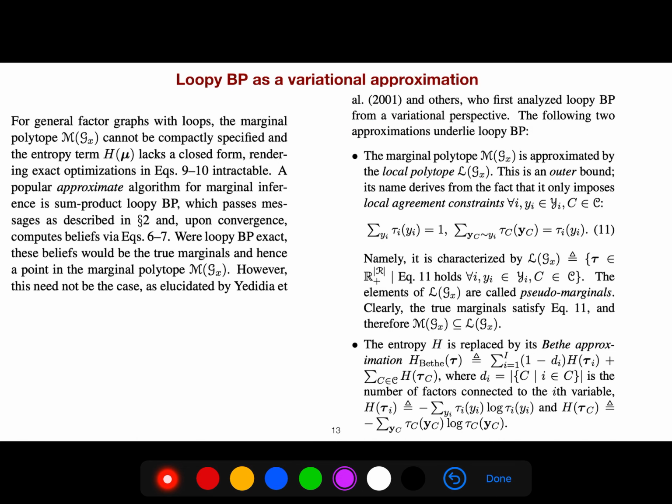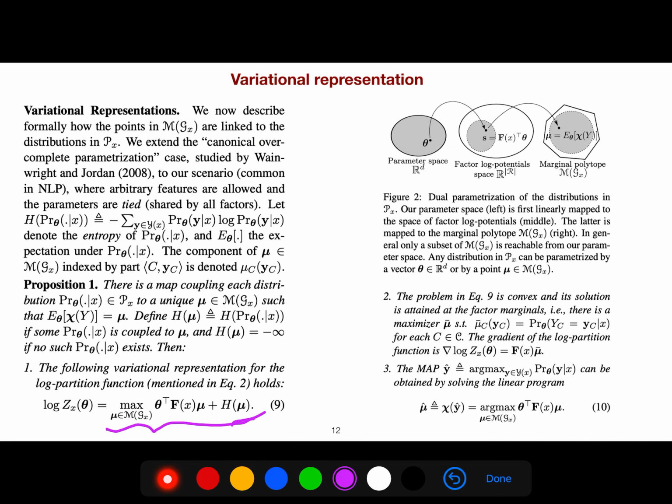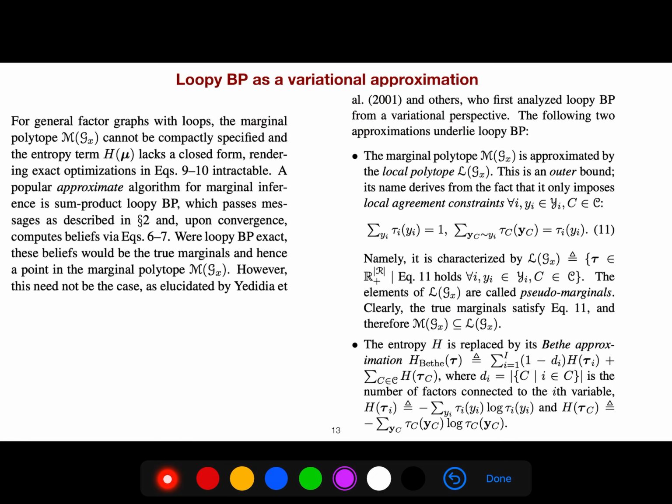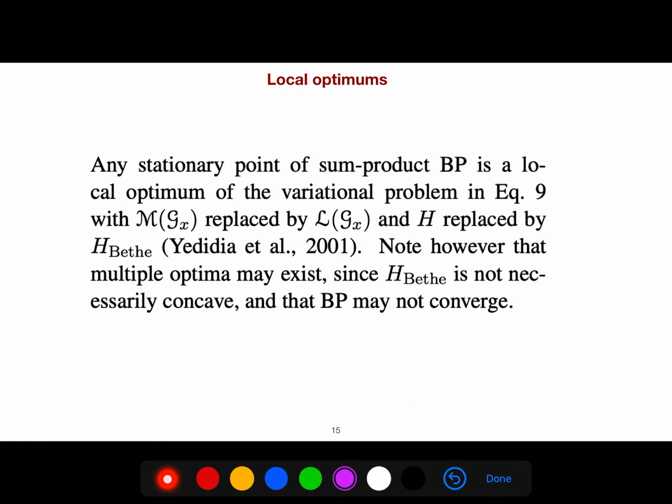So we can think about loopy belief propagation as just a variational approximation. If you want to understand why this technique is important, you need to learn these 3 articles. This one is a nice book, and it explains whatever you need to know, because I cannot explain all of the parameterization idea in just one slide.